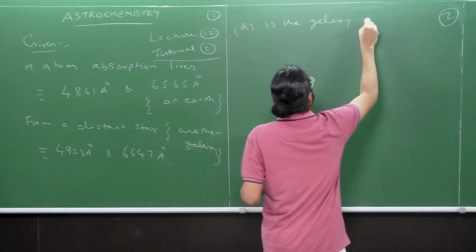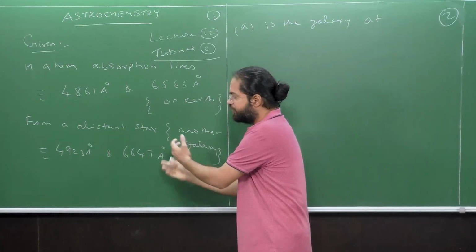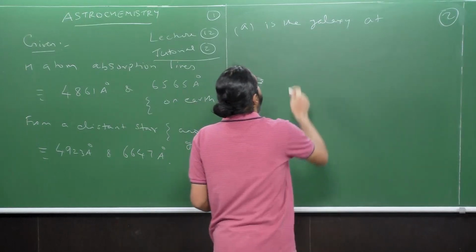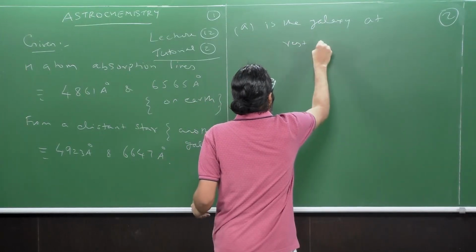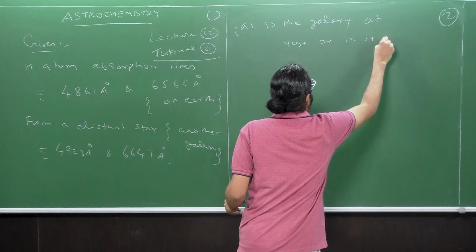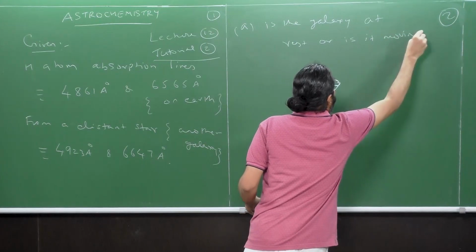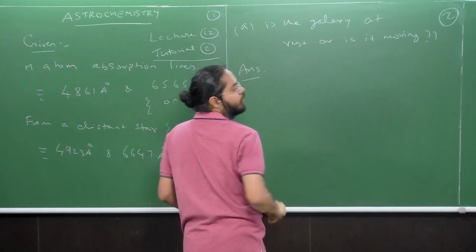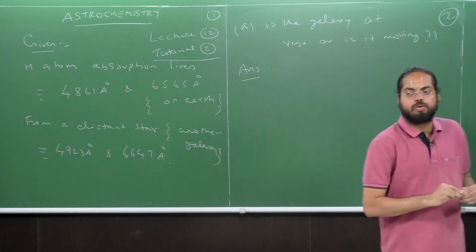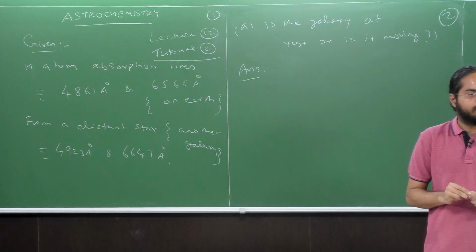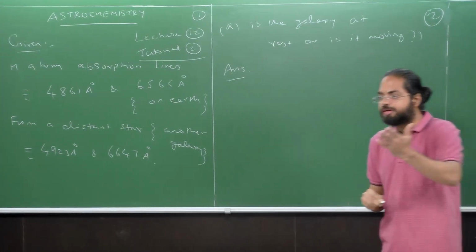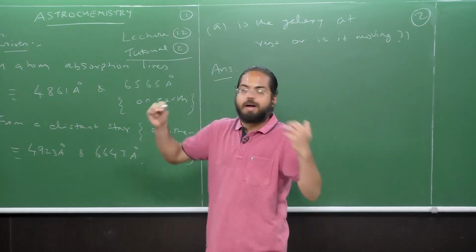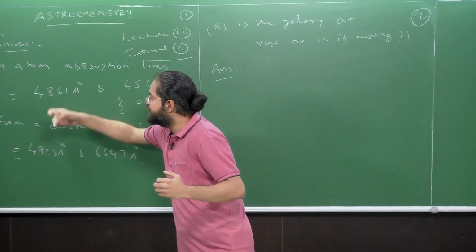is the galaxy from which we measure, not our galaxy, okay, the other galaxy, is the galaxy at rest or is it moving? What do you think is the answer? Well, based on our discussion about how Hubble considered the universe to be expanding, there is clearly a shift, right?